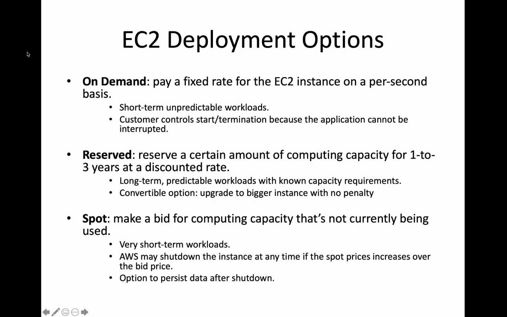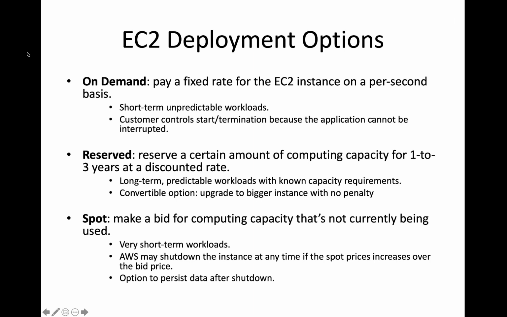AWS has a certain amount of compute capacity that is not being utilized at any given time. I mean, they're serving millions and millions of customers, and they have a substantial amount of compute capacity in place to support their customers, and they're always installing more and more capacity. So at any given time, they're going to have an extra amount of compute capacity that's not being utilized by anyone.